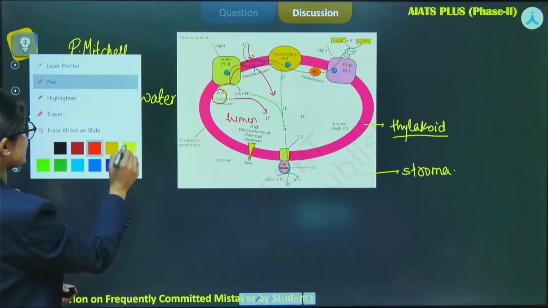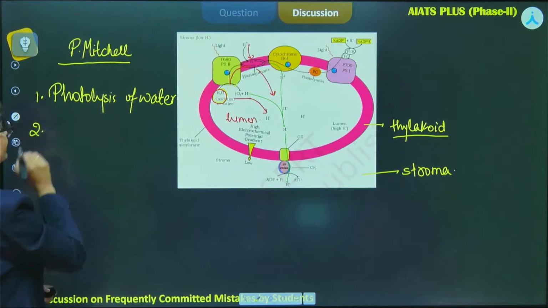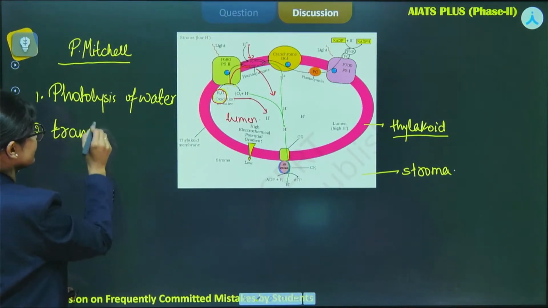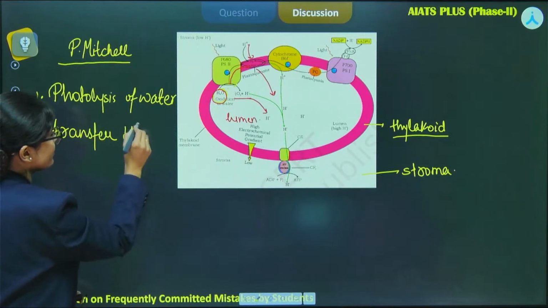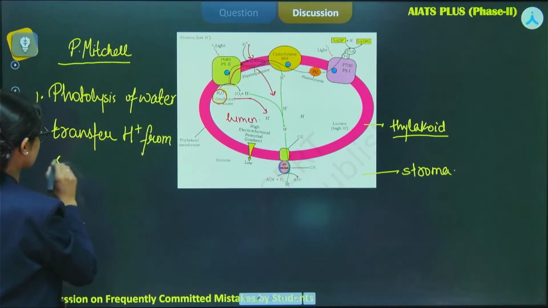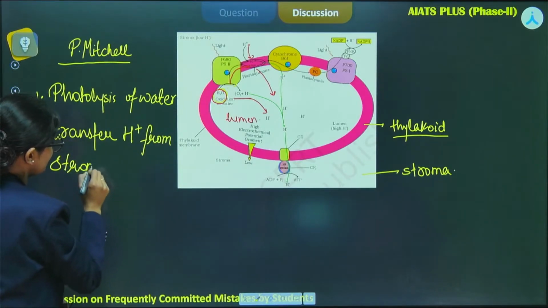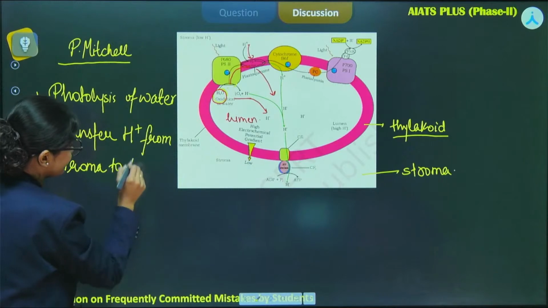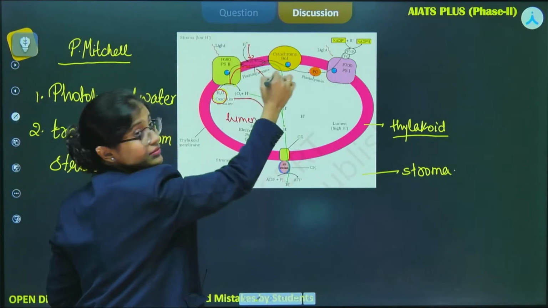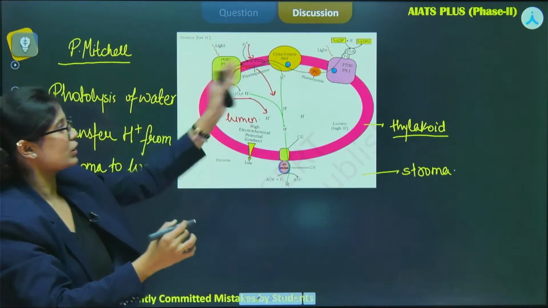So the next one is the transfer of protons from stroma to lumen via this transport or carrier molecule.